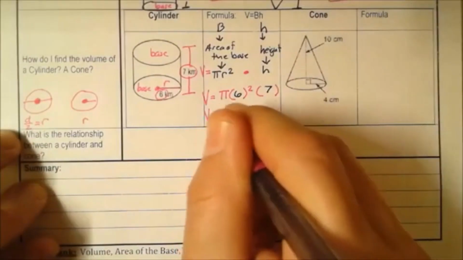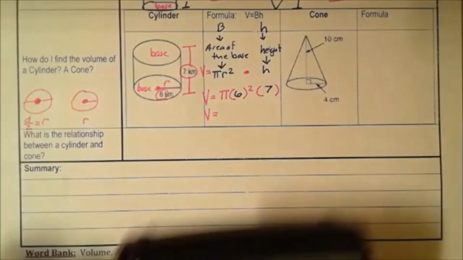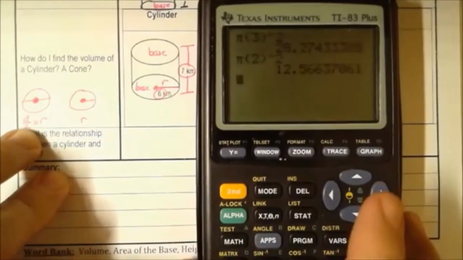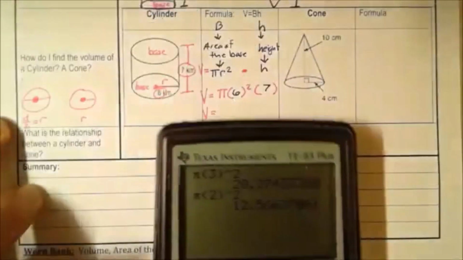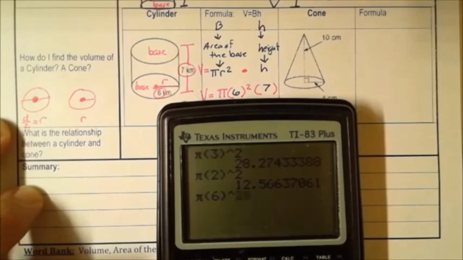Then we have V is equal to, and we can put this all in our calculator. I'll put this right down here so you can see exactly what I put. I'm going to put my pi, then times my radius, which is 6, put my caret key and put the 2, and then another set of parentheses, and we're going to put the height, which is 7.